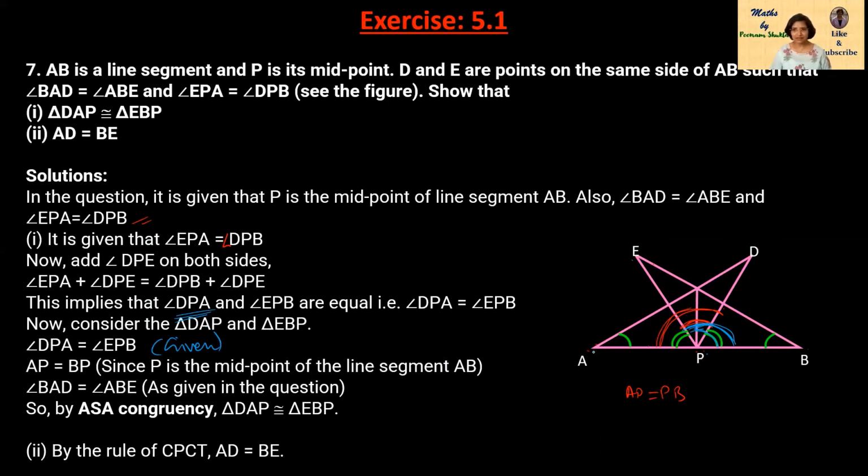Angle BAD equals angle ABE. So these two angles are also given, right? So by ASA congruency rule, we can say triangle DAP is congruent to triangle EBP. Second part says AD equals BE. Because these two triangles are congruent, by the CPCT rule, AD equals BE.